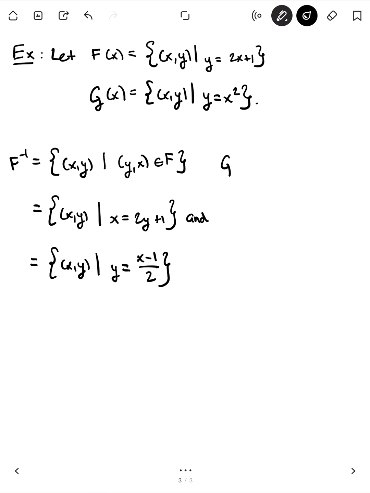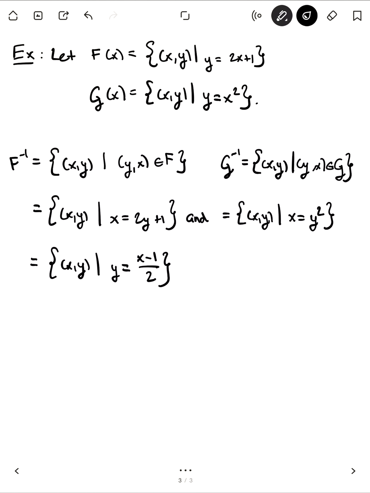Let's try g inverse now. So g inverse is going to be the set of (x, y) such that (y, x) is in g, right? What does that mean? That means it's the set of (x, y) such that x equals y squared. And that's actually the end of finding the inverse, because we can't be sure that if you go any further you can find the correct branch of y.